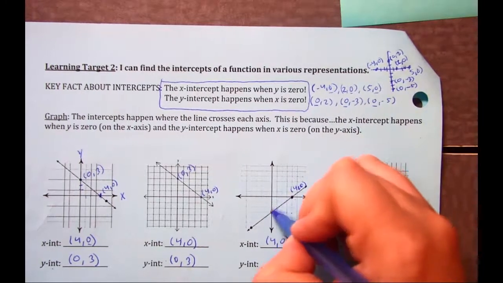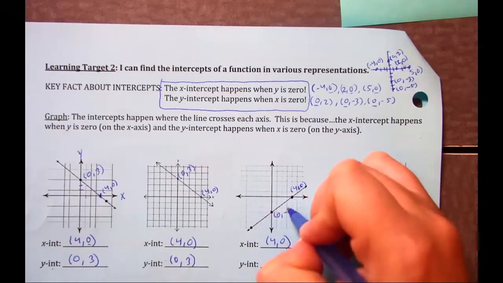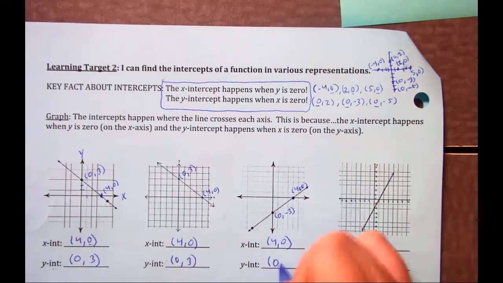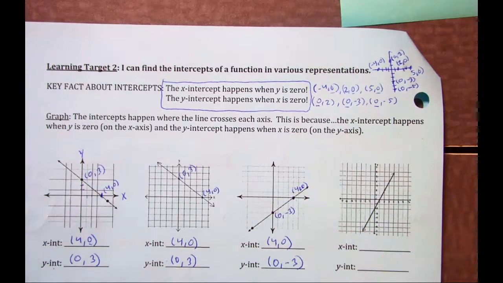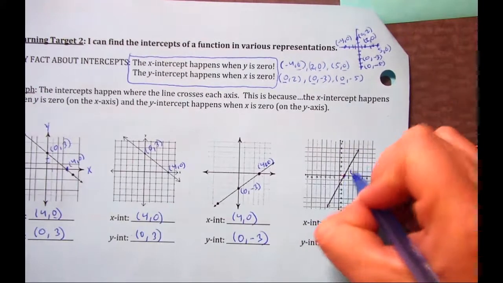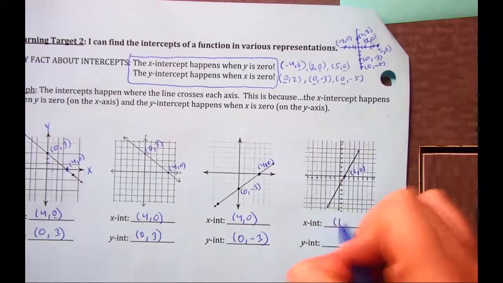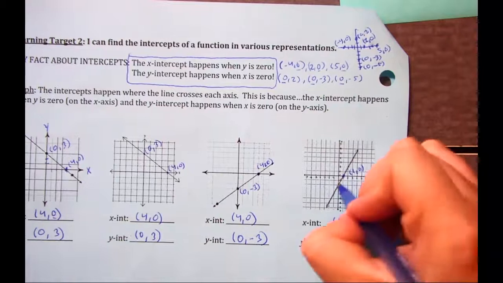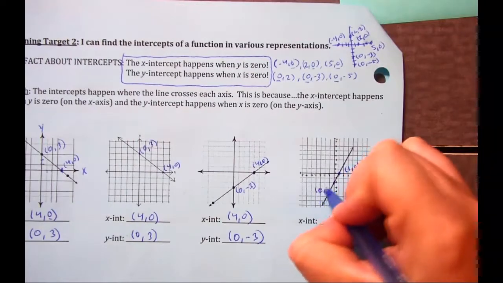And then the y-intercept is down here at -3. And here the x-intercept is right there at 1. And the y-intercept is down here at 0, -2.